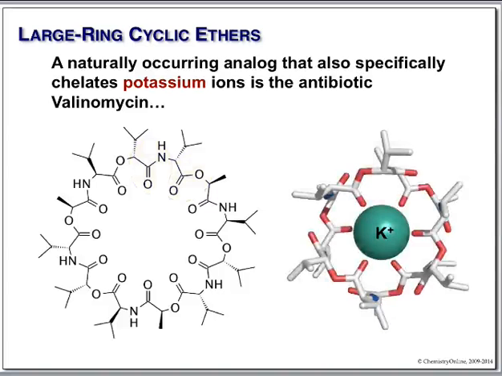We have 8 carbonyls bonding with the potassium, and that, again, solubilizes the potassium, which binds in the middle of this cyclic structure.